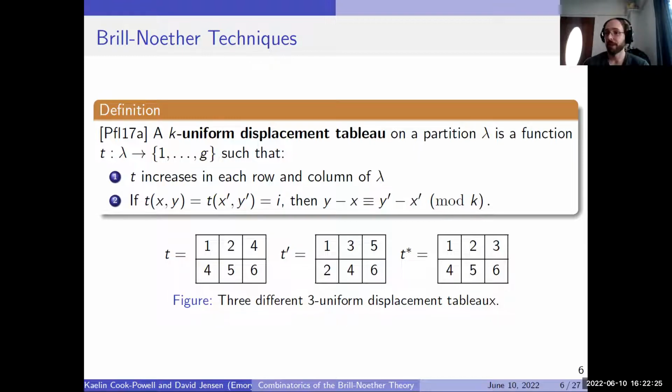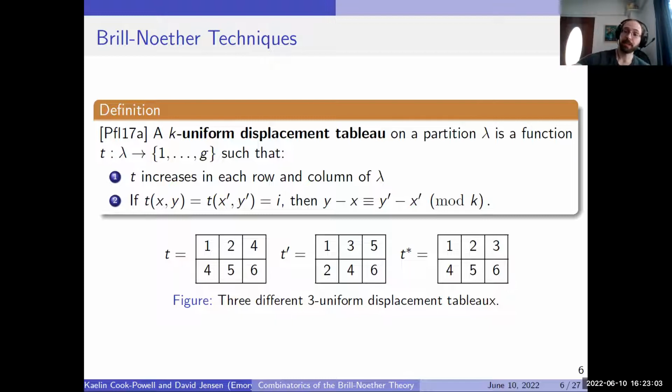In the classical case, when I wanted to study, say, the Brill-Noether theory of a general curve of genus G, just in the moduli space of genus G curves, you can again do a combinatorial analysis and describe the Brill-Noether locus of a certain chain of loops using standard Young tableau, where the number of columns is R plus 1, and the number of rows is G minus D plus R. Well, we're going to do the same thing for the K-gonal case, but now we're going to add a slight change to it.